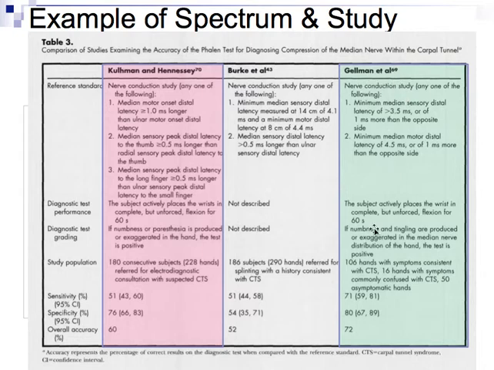And in the Gelman study here to the right, we notice that the sample's quite different. They recruited, phone called, put flyers up, for 106 hands with symptoms consistent with carpal tunnel, and then also recruited people with 16 hands with symptoms commonly confused with carpal tunnel, and then also had 50 asymptomatic hands.